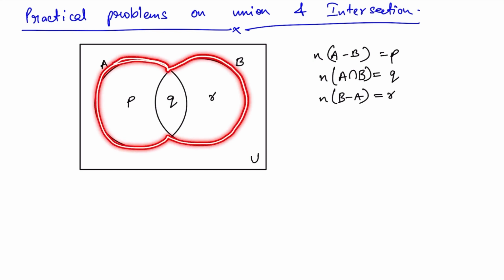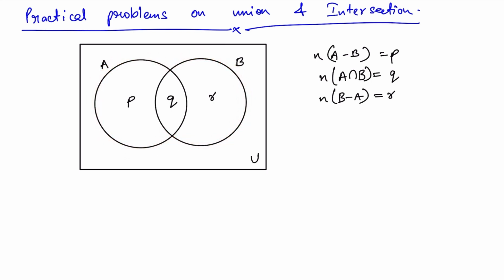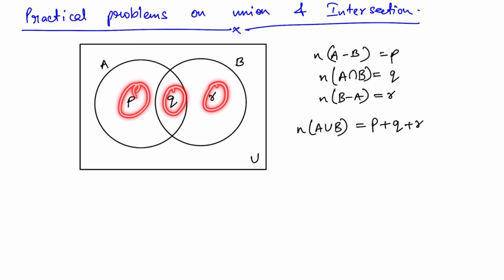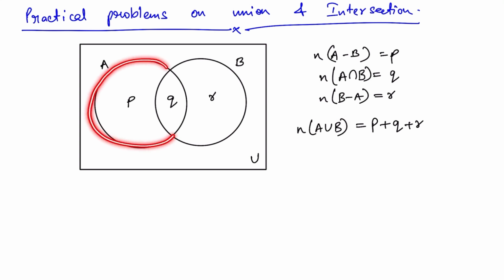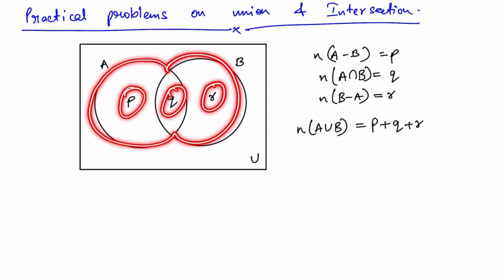This complete region is A union B. So the number of elements in A union B will be p plus q plus r, because this region has p elements, this region has q elements, and this region has r elements.